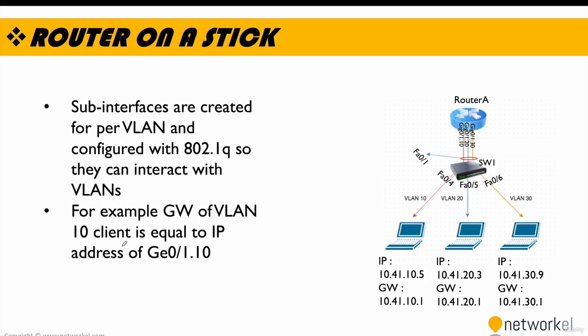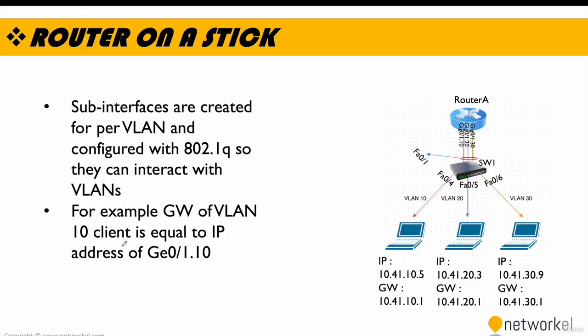Let's start with the router on a stick method. Router on a stick is a term frequently used to describe a setup that consists of a router and switch connected using one Ethernet link configured as a trunk link.